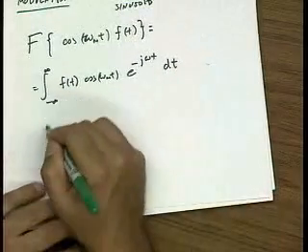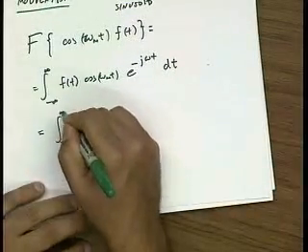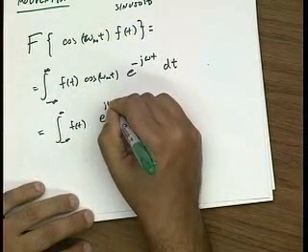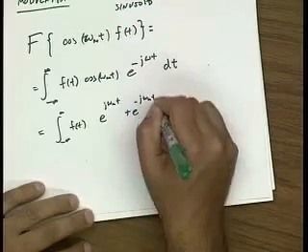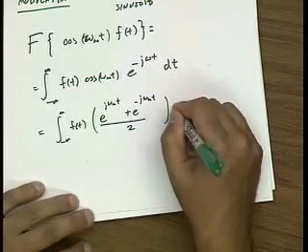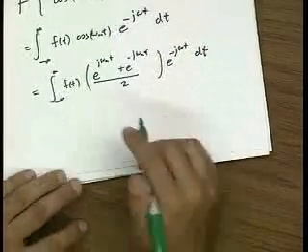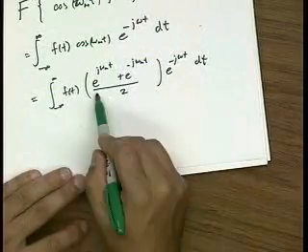Well, if I write the cosine term as e to the j omega m t plus e to the minus j omega m t, divided by 2, then I can group these terms here.